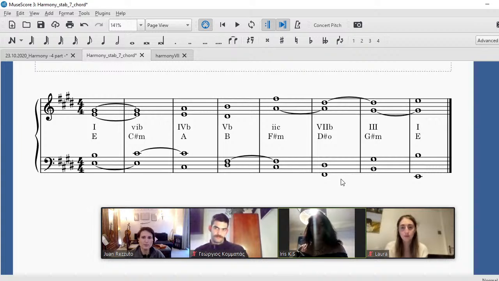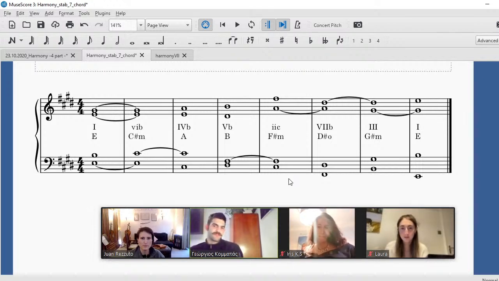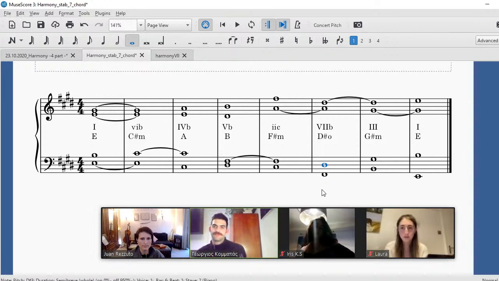It is written first inversion, which it should be, but the problem is that there are two leading notes, which we don't want. Also, this chord and the previous chord, the tenor and the alto are very far away.